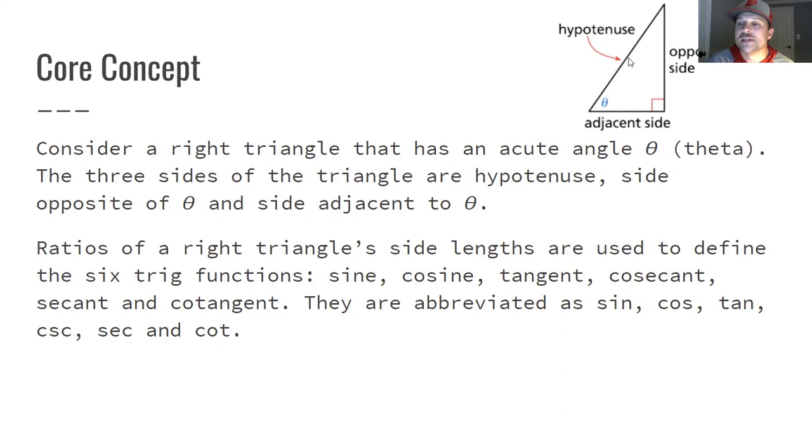So you're going to use these three labels to help define the 6 trig functions. And here is what they are completely spelled out. So they are sine, cosine, tangent, cosecant, secant, and cotangent. When looking at a calculator, you're not going to see the entire words spelled out. You'll see them as 3-letter abbreviations. So please do not say the word sin of an angle. It is sine.